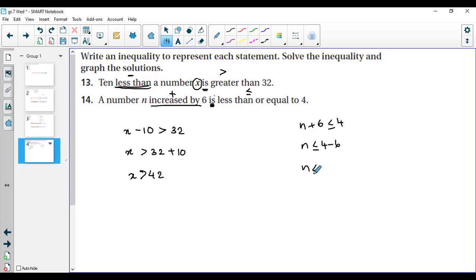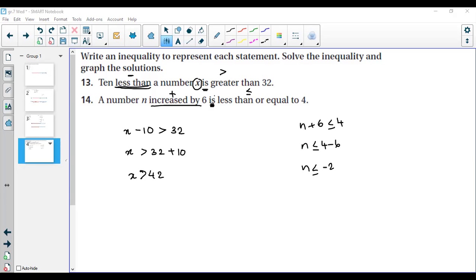So n is less than or equal to negative 2, because it's 4 minus 6. You're subtracting two numbers, but the bigger number has a negative sign, so n is less than or equal to negative 2. Now don't forget to graph them. Do graph them, because it's important that you graph them.